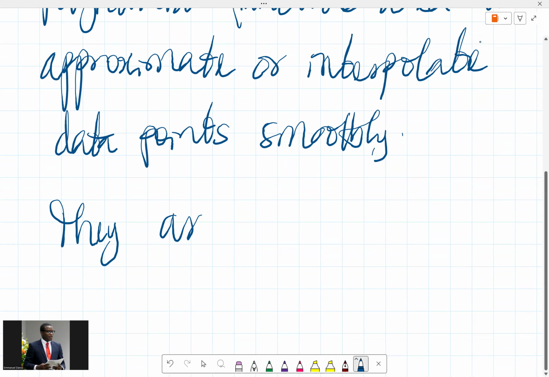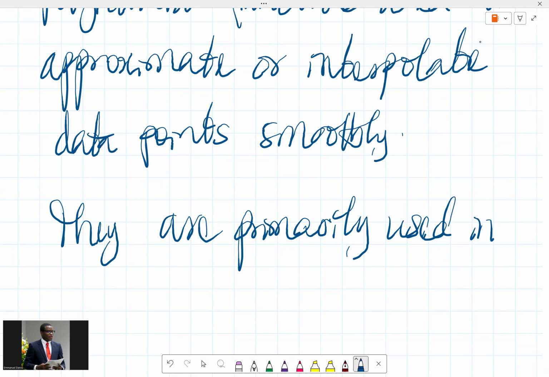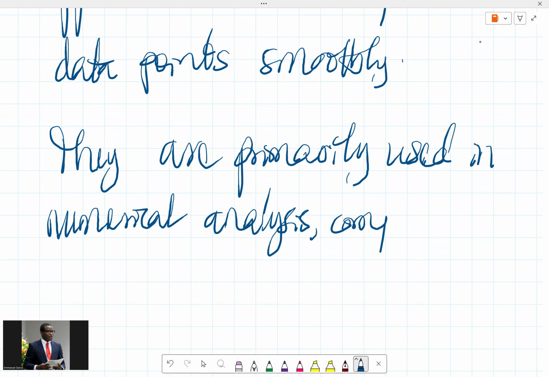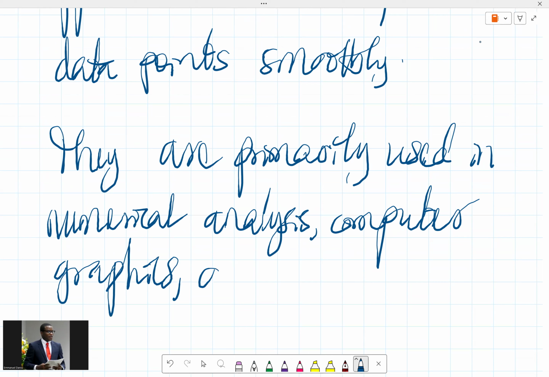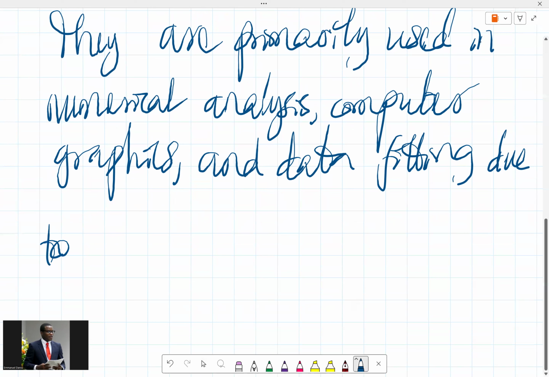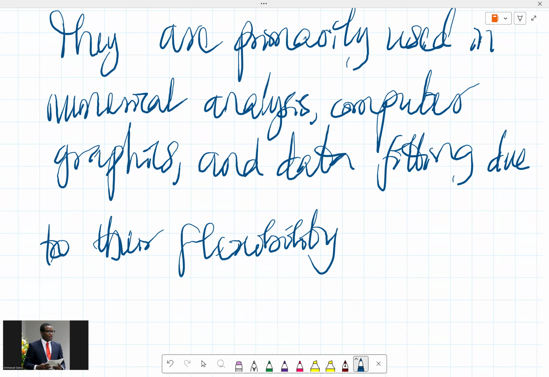They are primarily used in numerical analysis, of course, that's what we are considering, in computer graphics, and in data fitting, due to their flexibility in handling complex curves.